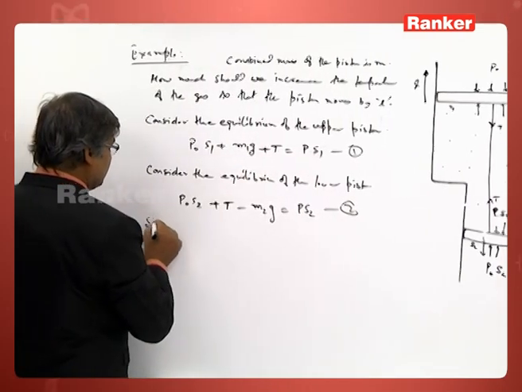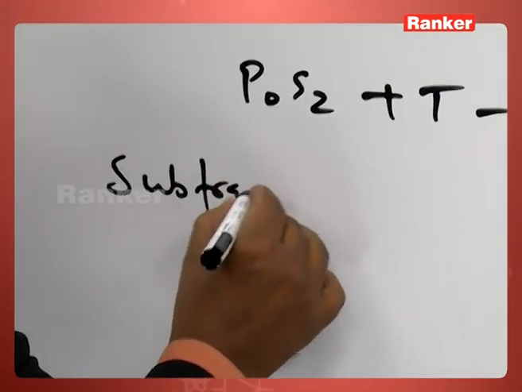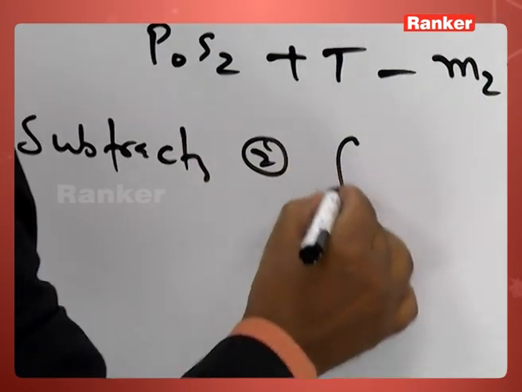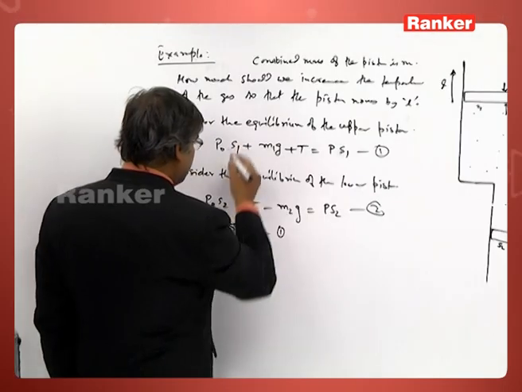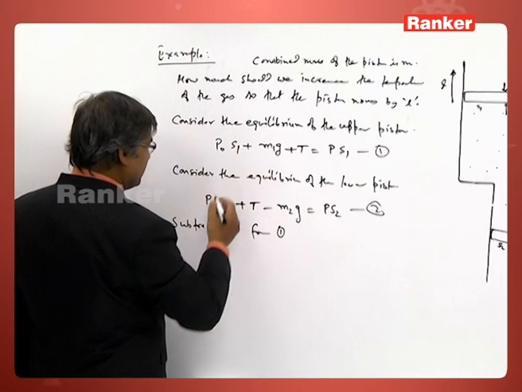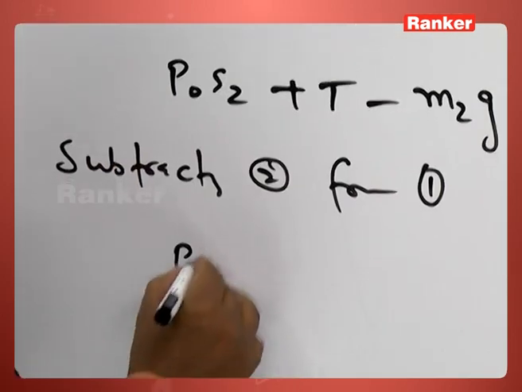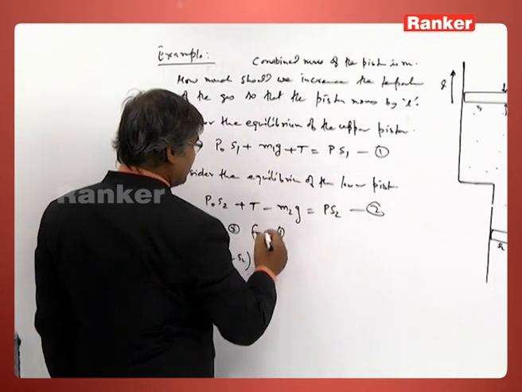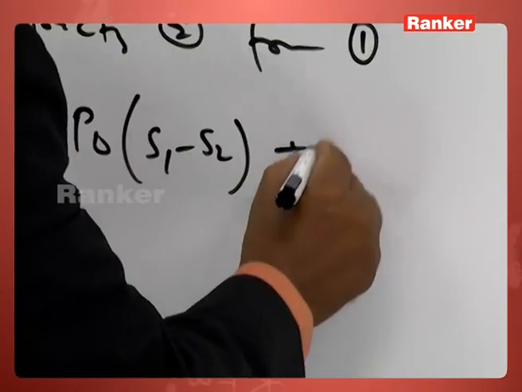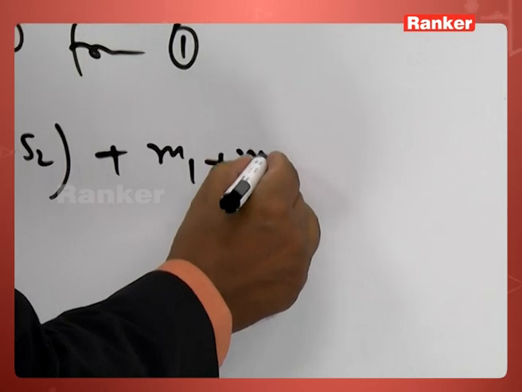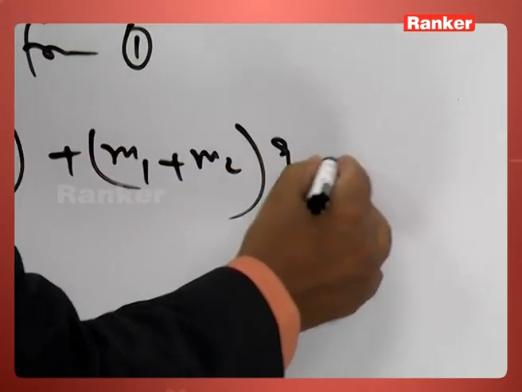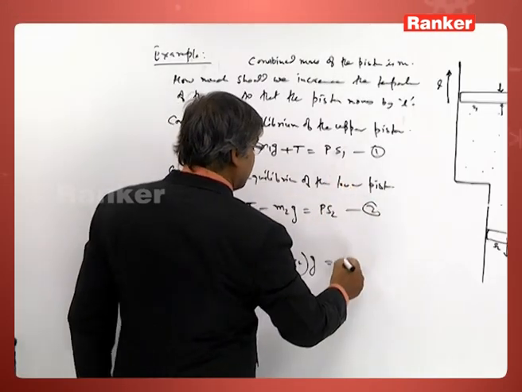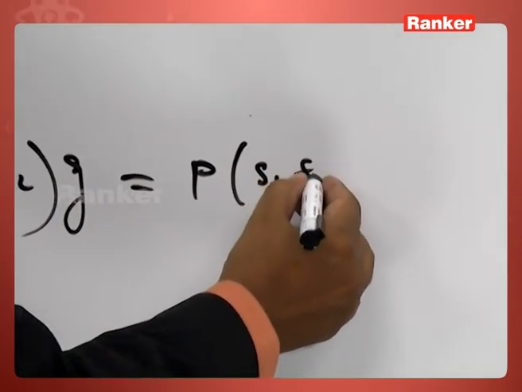Subtracting 2 from 1, it will be P naught into S1 minus S2. These tensions will cancel out, these masses will add up, M1 plus M2 times G, that is the total piston mass, and that is equal to P into S1 minus S2.